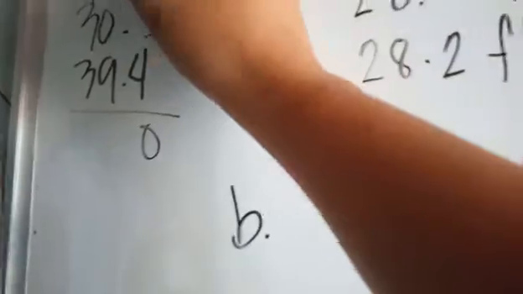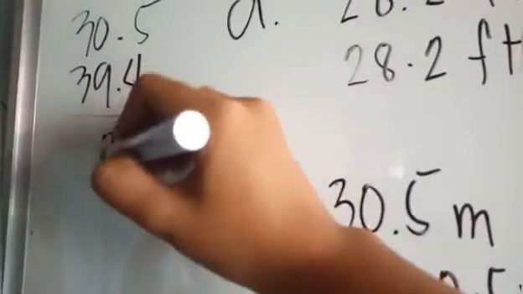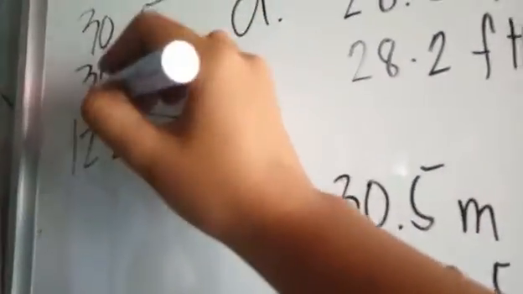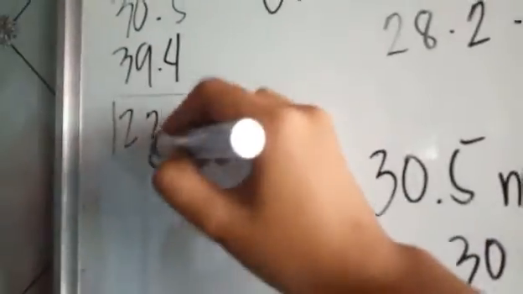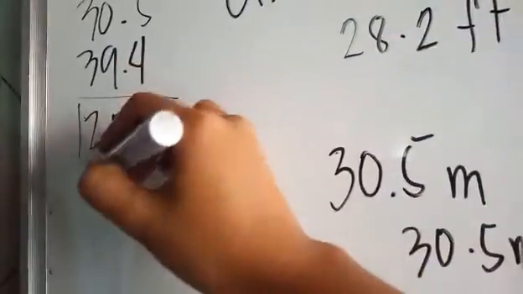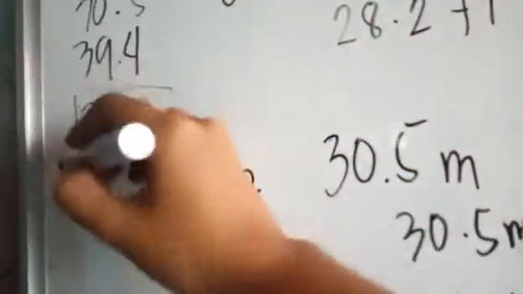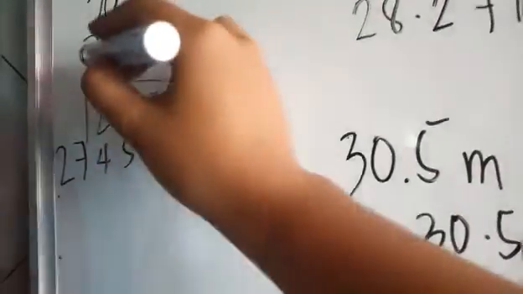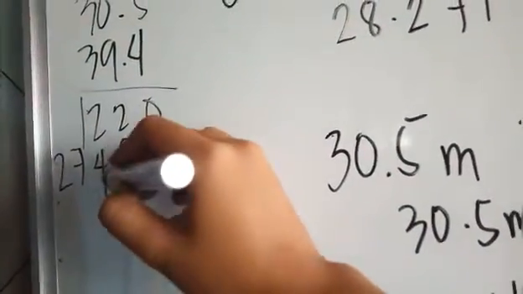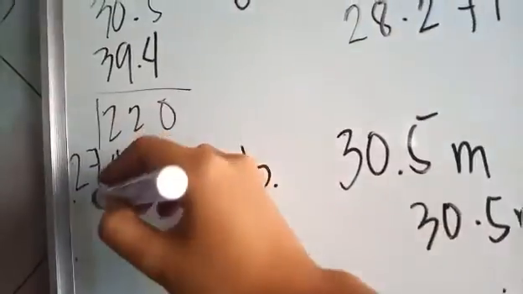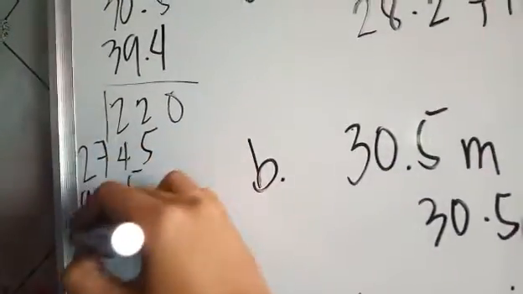So, 5 times 4 is 20. Then, 0, 2, 12. 9 times 5 is 45. 0, bring down 4. Then, 27. Next, we have 15, carry 1, 1, then we have 9. Then, add lang lahat yan.